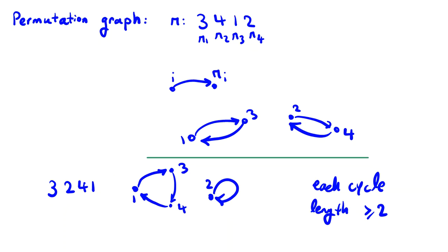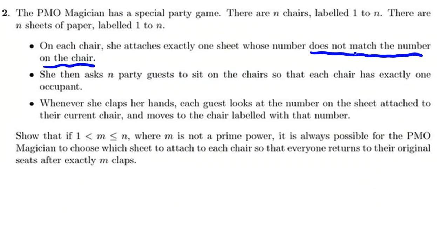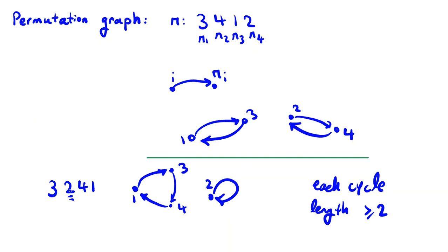Now for this problem, because of the condition that the sheet number doesn't match the chair number, we don't have the case where 2 is in place 2.